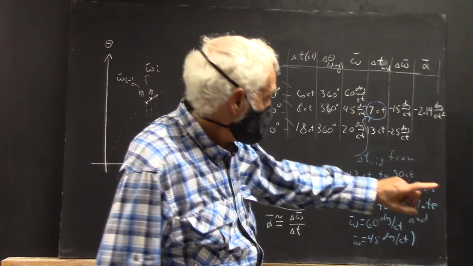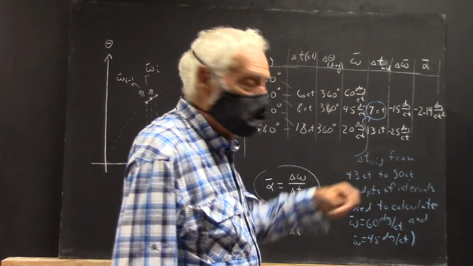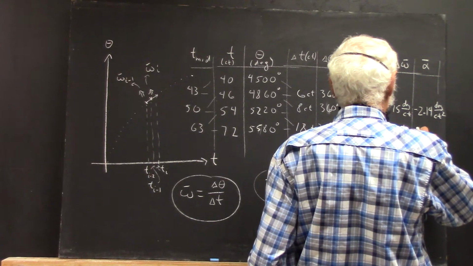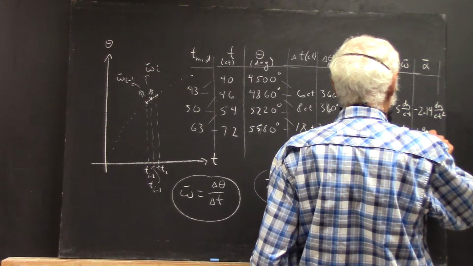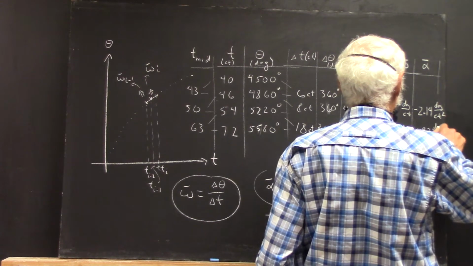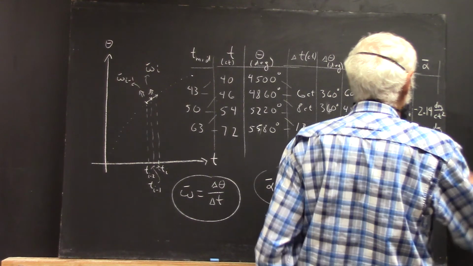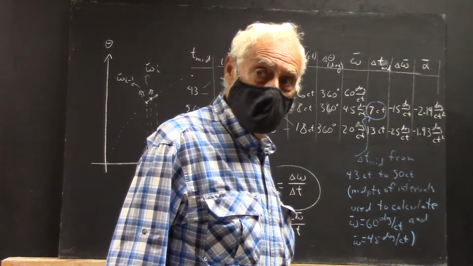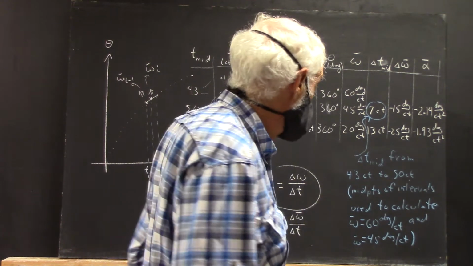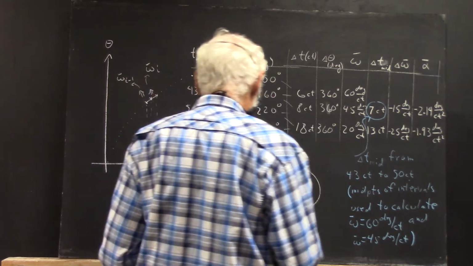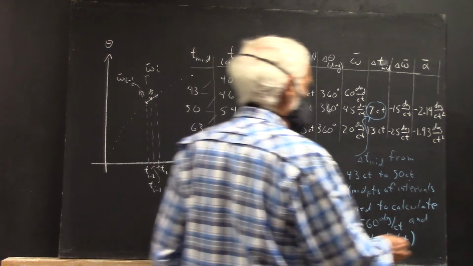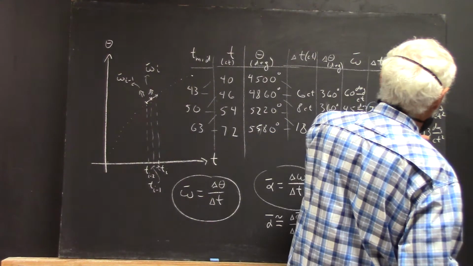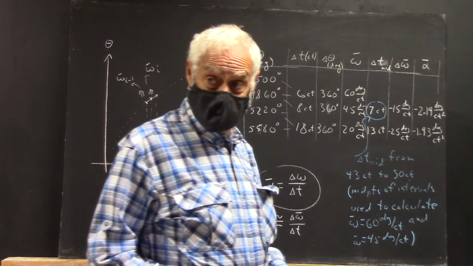Okay, so now I divide negative 25 by 13, and what do I get? I get like negative 1.93 or something like that. And then I say, well, that's ridiculous. I might want to call that negative 2.1 and negative 1.9.